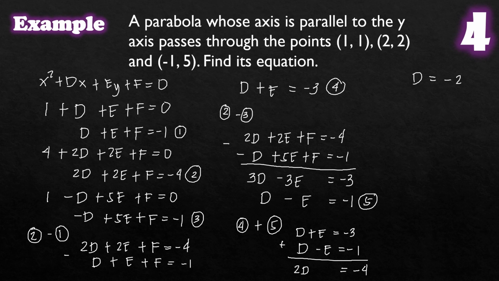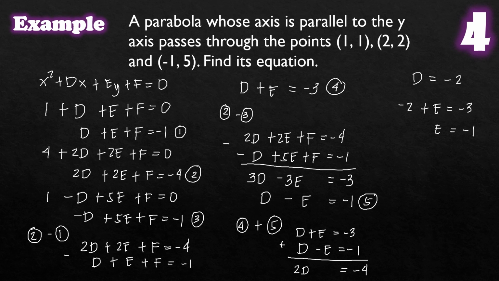Now that we have the value for d, we can choose equation 4 or equation 5 to get the value of e. Let us choose equation 4. That will be -2 plus e equals -3. Adding 2 to both sides, we will have e is equal to -3 plus 2, that will be -1. Now that we have the values for d and e, we can choose either equation 1, 2, or 3 to get the value of f.